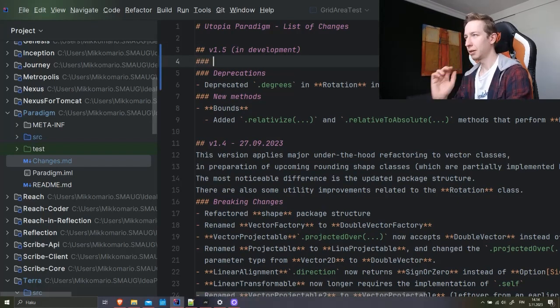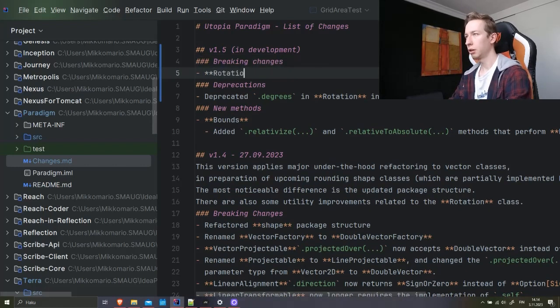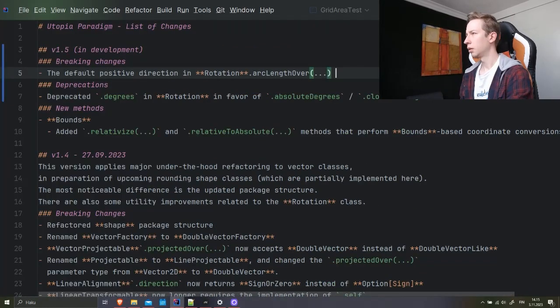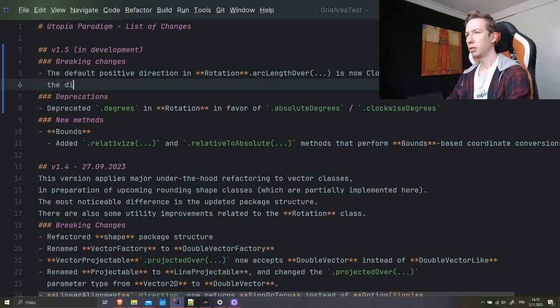So breaking changes: rotation dot arc length over, full direction, positive direction. It's now clockwise instead of the direction.